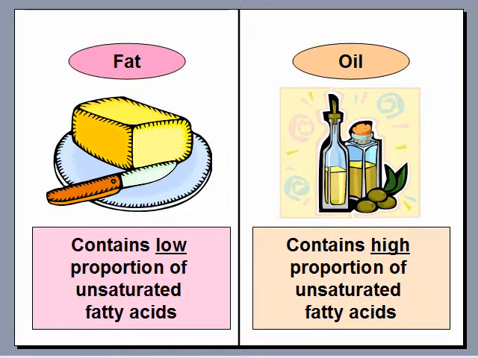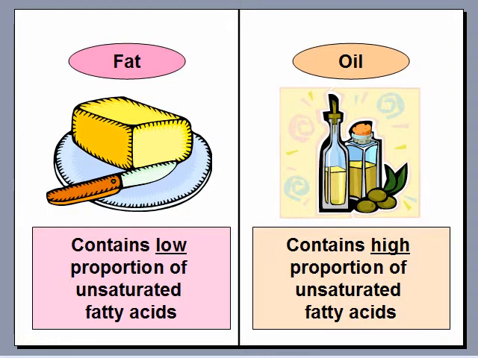Fats are normally solid at room temperature because they contain low proportion of unsaturated fatty acids, meaning they contain more of saturated fatty acids. Oil, on the other hand, contains high proportion of unsaturated fatty acids, or we can also say that oil contains low concentration of saturated fatty acids.